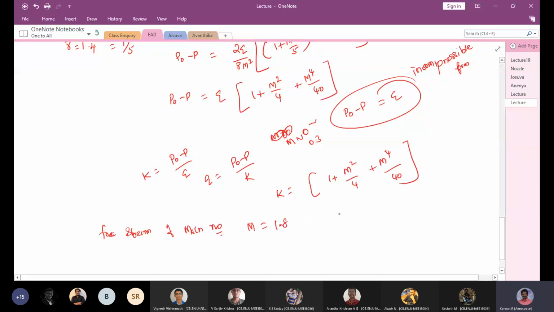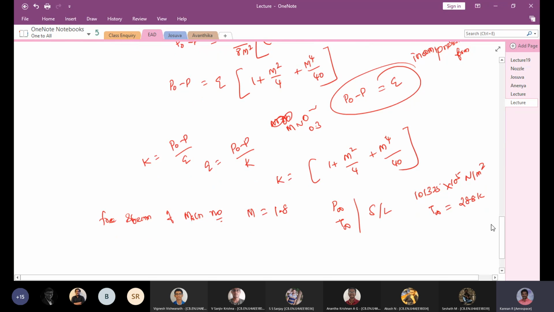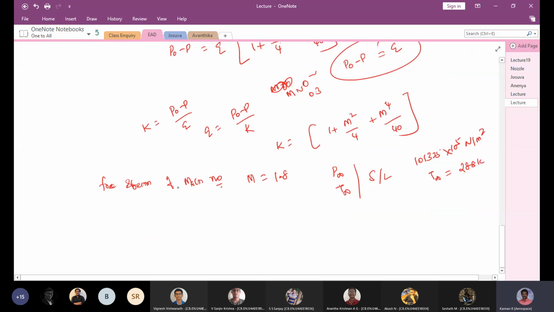Let us take P infinity as well as T infinity as standard sea level condition. That is 101325 Newton per meter square, and let us take T infinity as 288 Kelvin. Can you estimate, if I am going to treat the flow as incompressible, what is the possible error? Can you estimate and tell me?